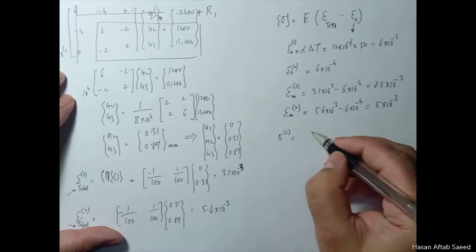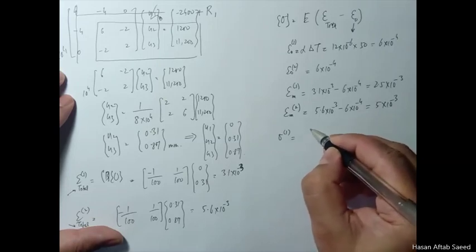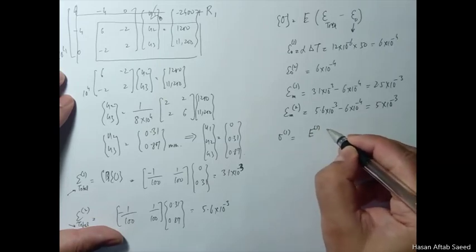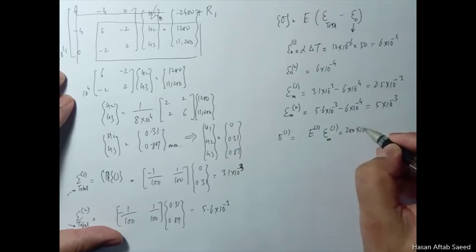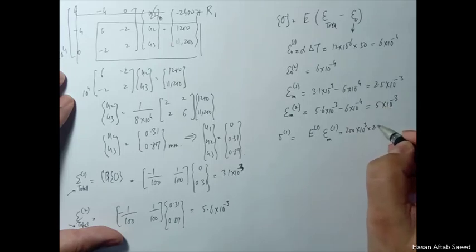Sigma 1 will be 200 into 10 raised to power 3 into 2.5 into 10 raised to power minus 3, which is 500 MPa.